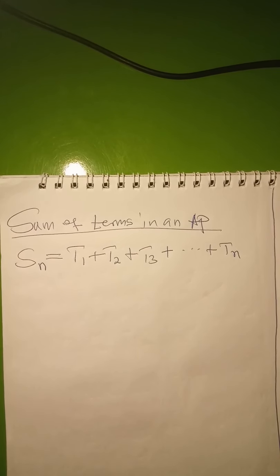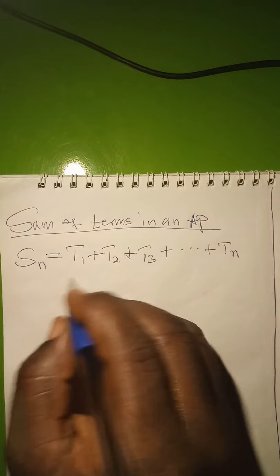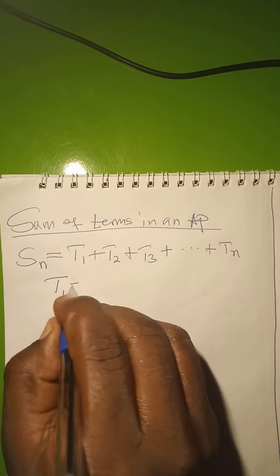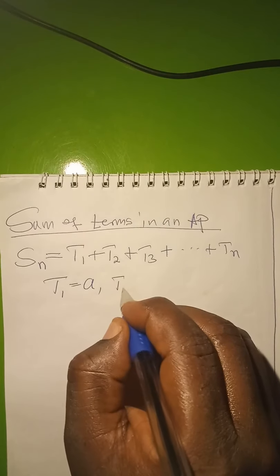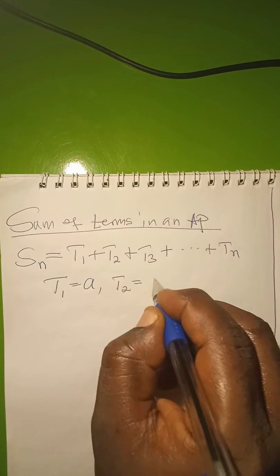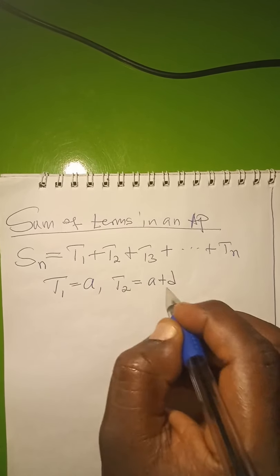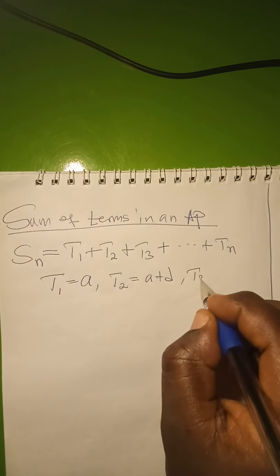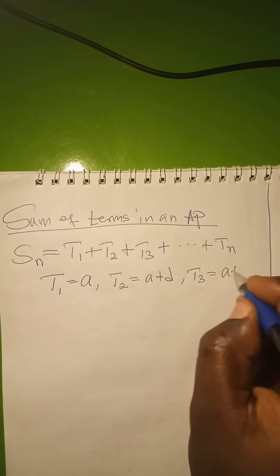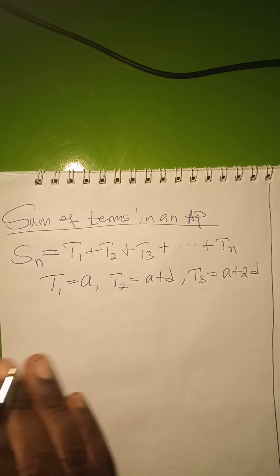Now what do we do? What is the meaning of T1? T1 is nothing but A. T2 is A plus D, where D is the common difference. We should know that, right? T3 is A plus 2D, and so on.